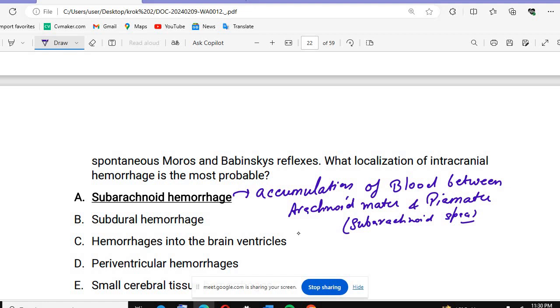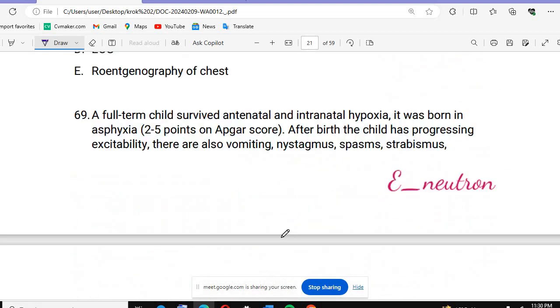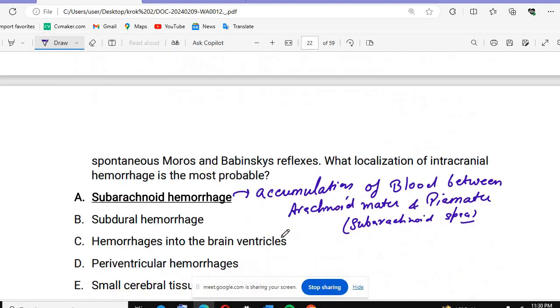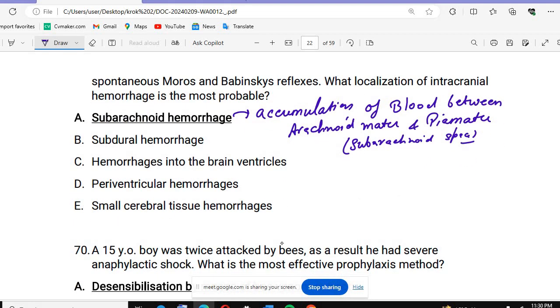That you need to remember. Along with that, you can see positive reflexes, that is, the Moro and Babinski reflexes.